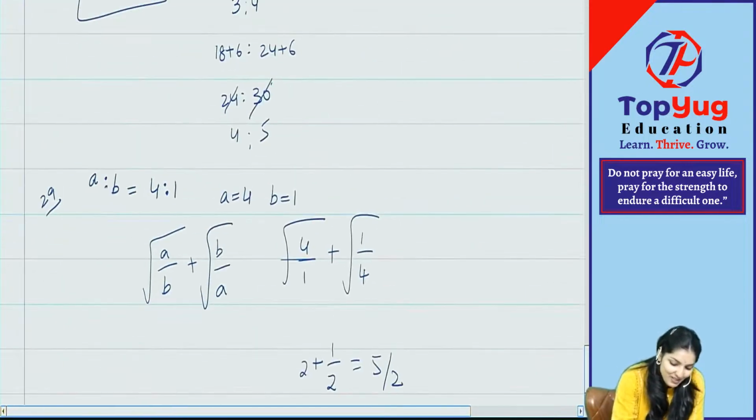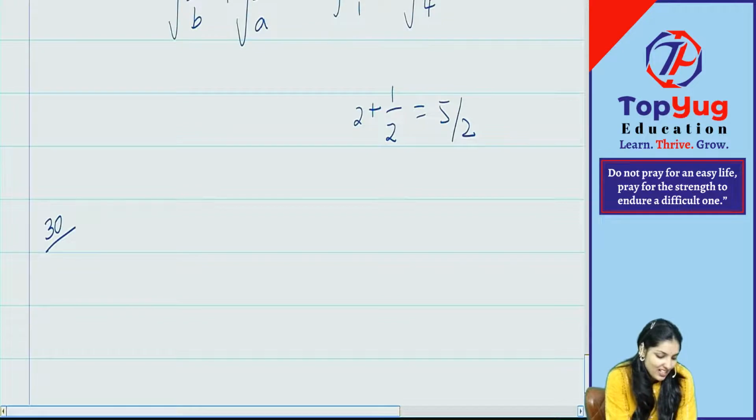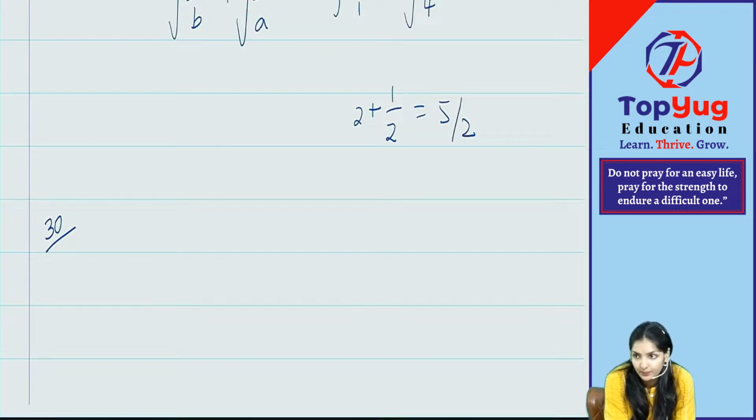30th one. Now this is my favorite problem. So listen carefully. Here there is no trial and error method, so we have to use the substitution method.